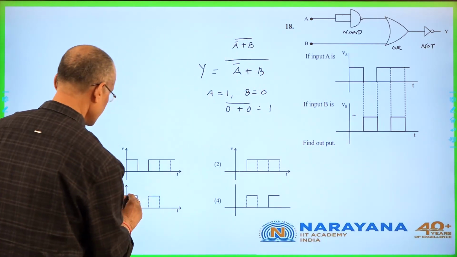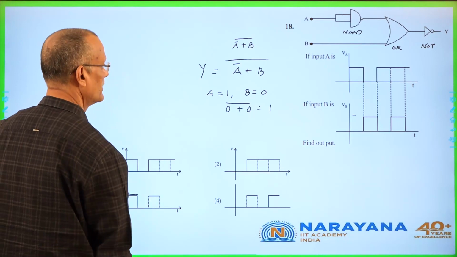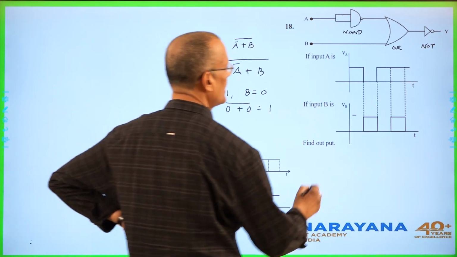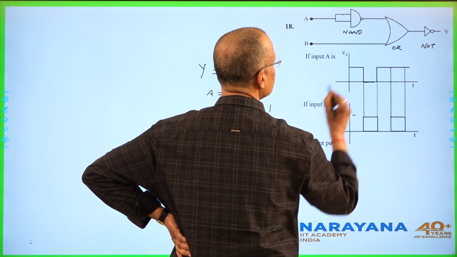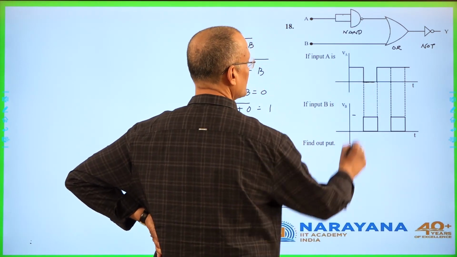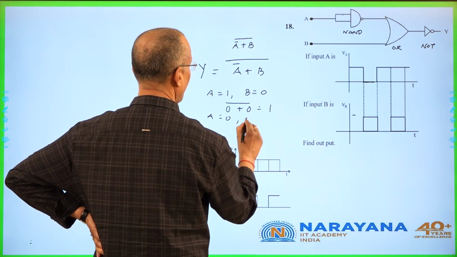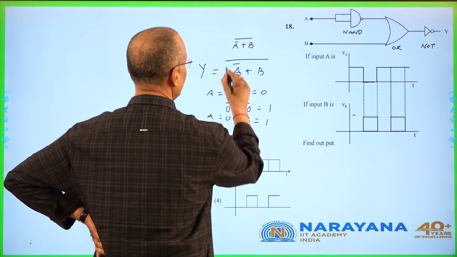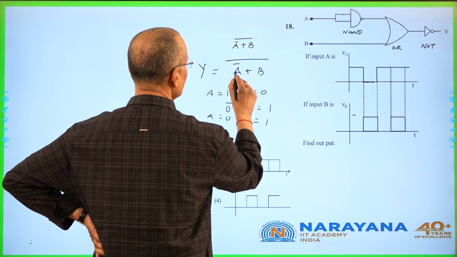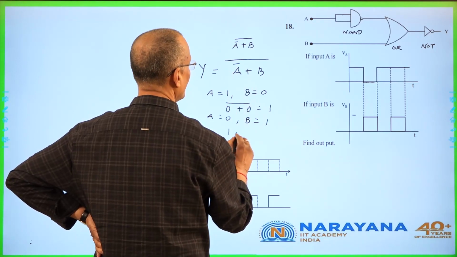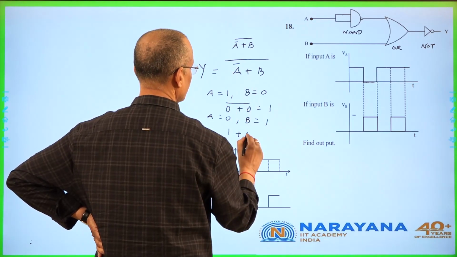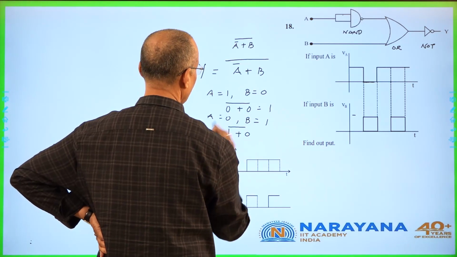See here it is 1. In the same way, you can go for this. For the second part, your A is 0 and B is 1. Again go for this. 0 means it is 1. 1 plus 0, and not.